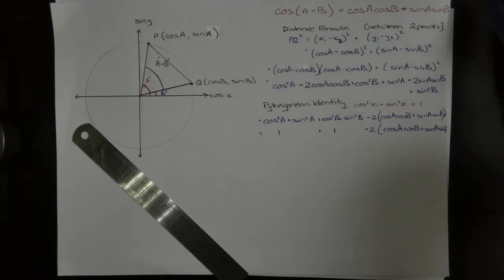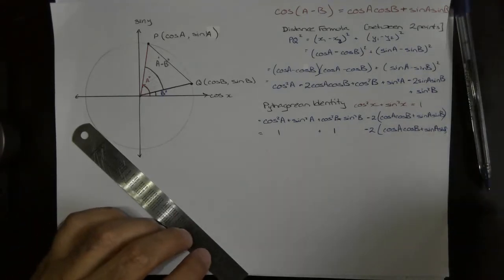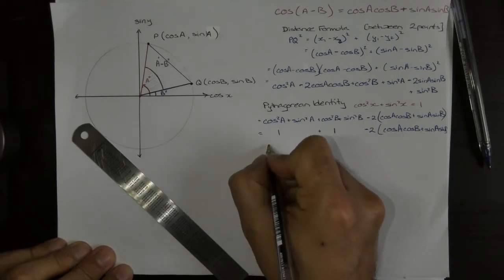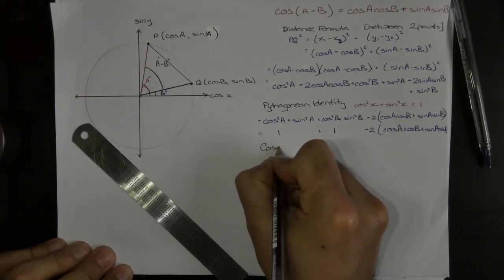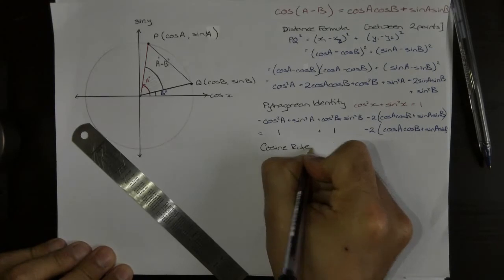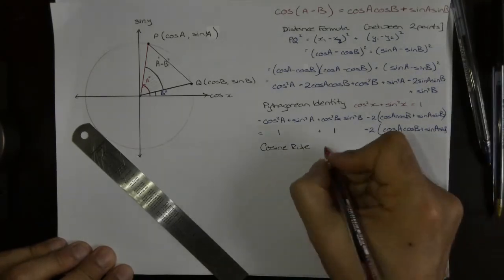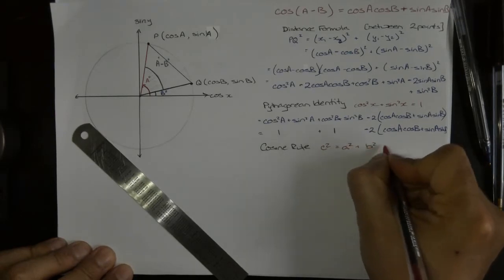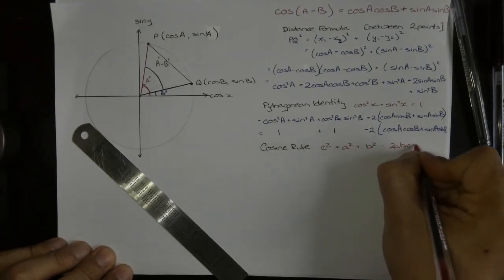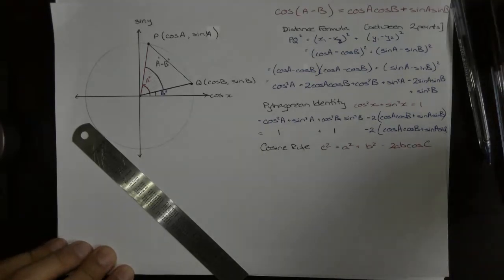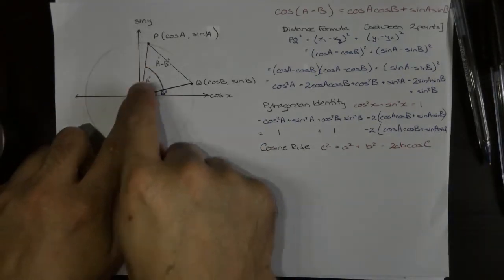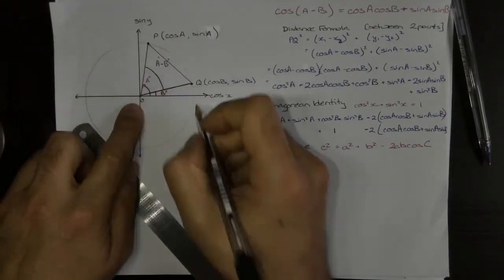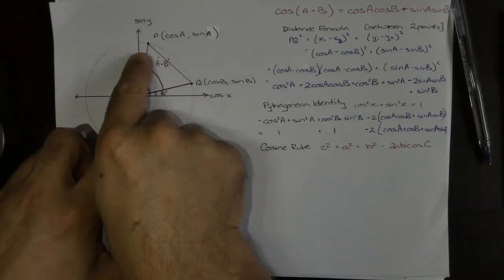Okay. So now using the cosine rule, c squared equals a squared plus b squared minus 2ab cos C, and just looking at this triangle POQ, we get PQ.